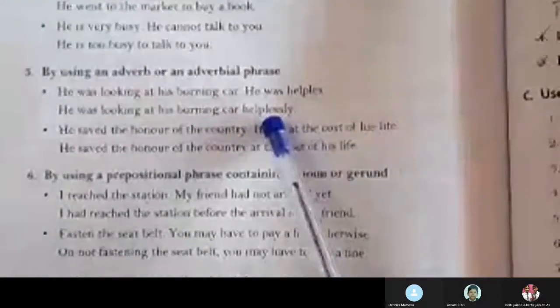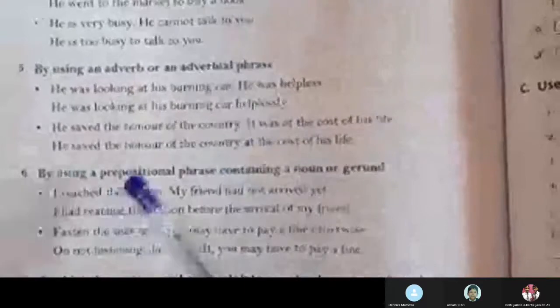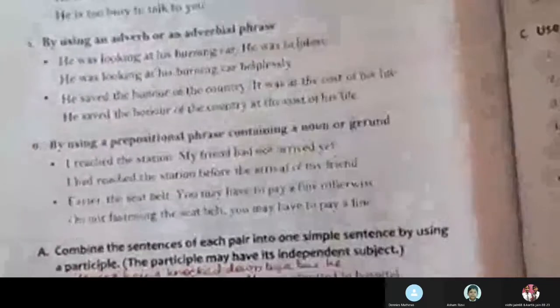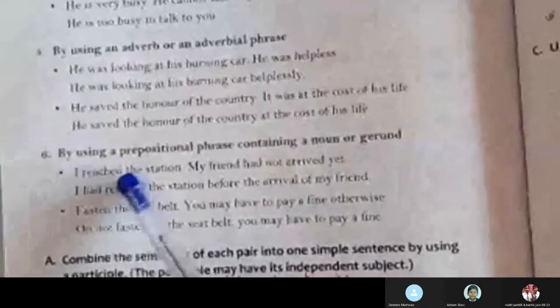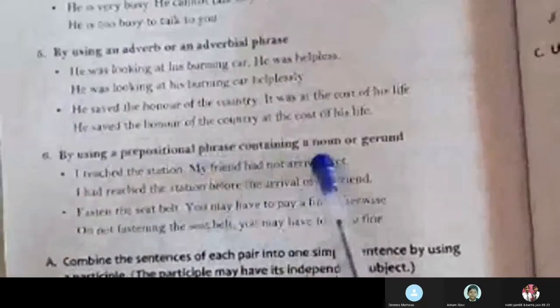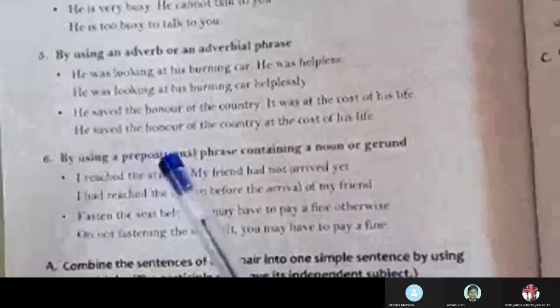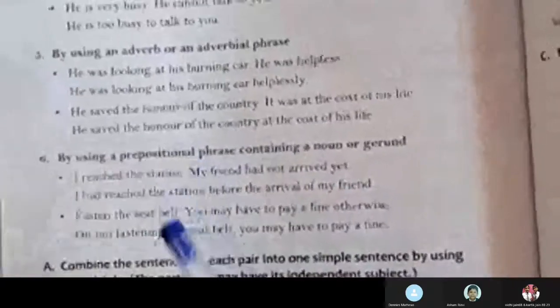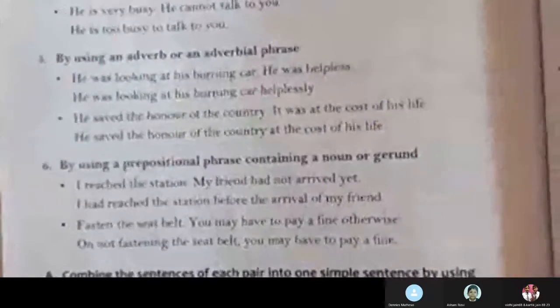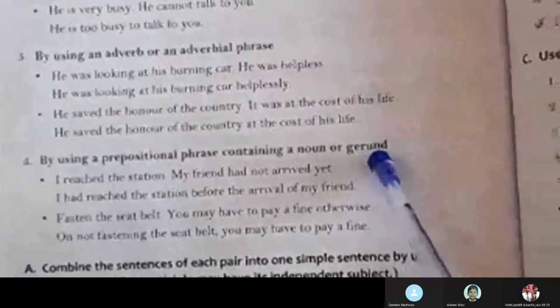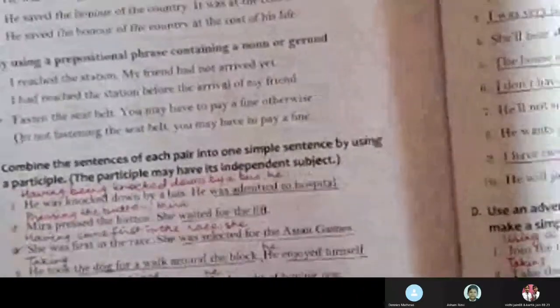Here it is helplessly. Save the honor of the country at the cost of his life. Now, by using a prepositional phrase containing a noun or a gerund. A prepositional phrase will have a preposition and a noun or a gerund. A gerund is what? It appears in a sentence as a noun. In fact, it is a verb.